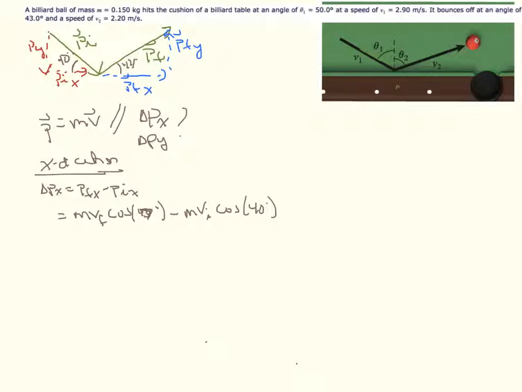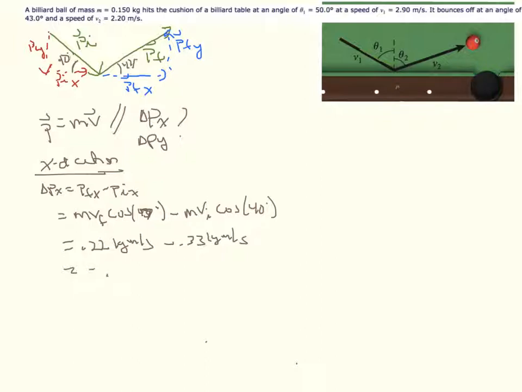Okay, so here I find that by plugging in some values, my final in the x direction was 0.22 kilogram meters per second, and in my initial it was 0.33 kilogram meters per second. And so the difference between those should tell me it's a negative number actually.